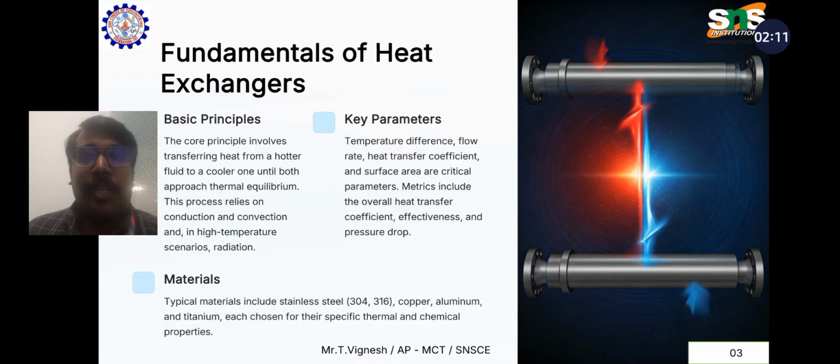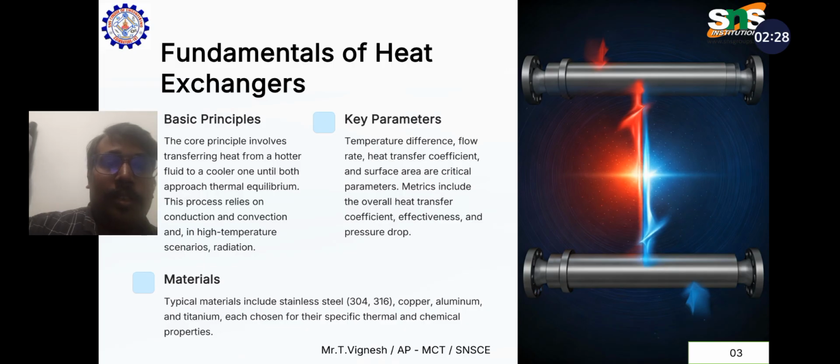So typically in these two tubes, two different fluids at two different temperatures are passing, which means the colder fluid gets the heat from the high temperature fluid. This is the basic principle involved in the heat exchanger.